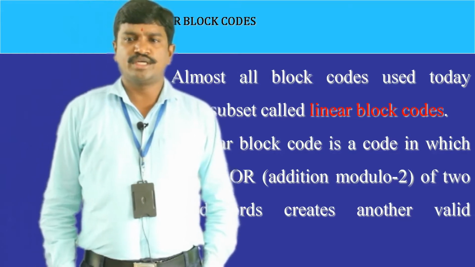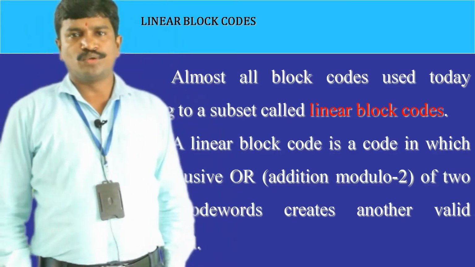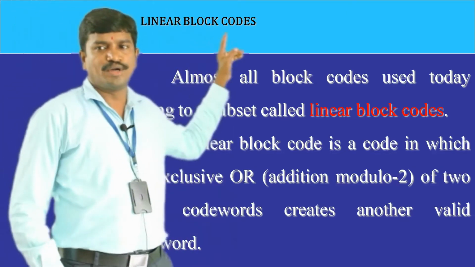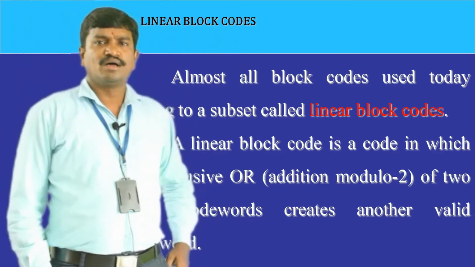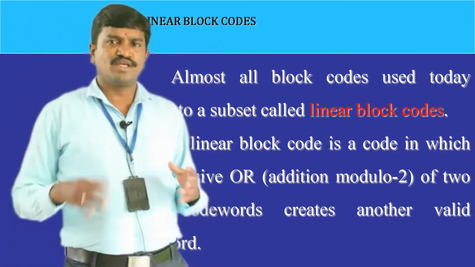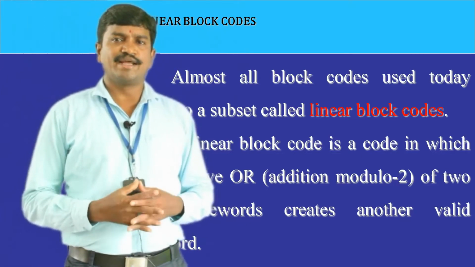Okay, and today in this video we talk about one more method of coding the code words, that is linear block coding. Most of the block codes we have used so far come under linear block codes only.